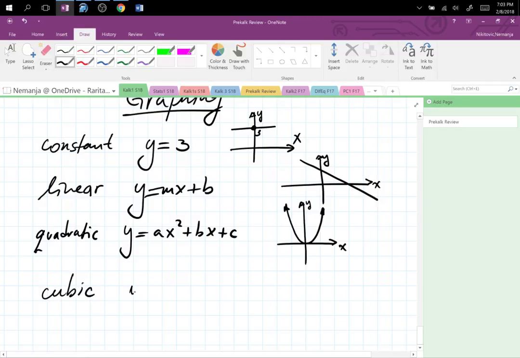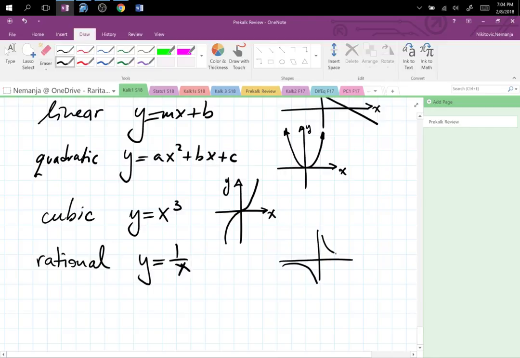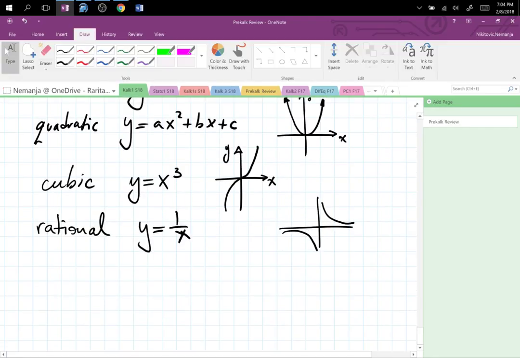Cubic. y equals x cubed is the basic one, which is just a squiggle through the origin. Rational. 1 over x. With a vertical and horizontal asymptote. Radical. y equals square root of x.